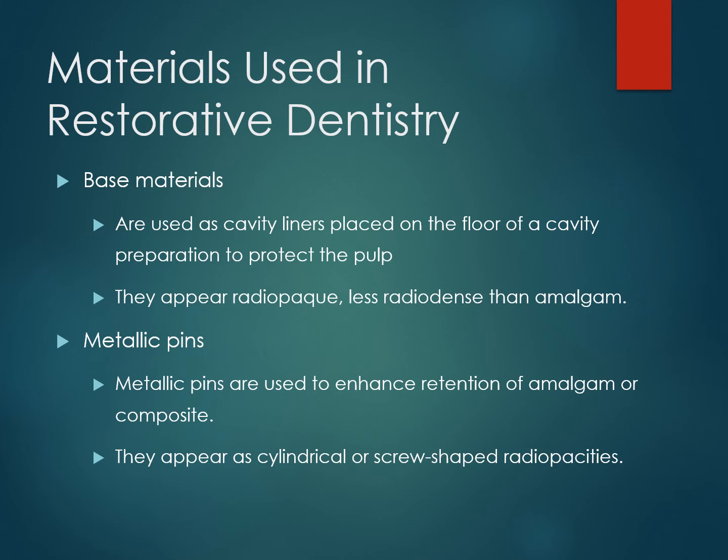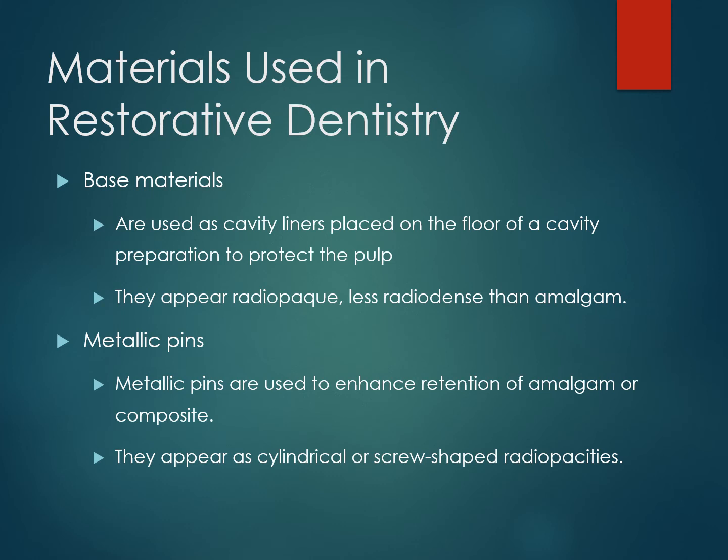But as far as the radiograph goes, we need to know that sometimes there are base materials placed underneath fillings, and there's always a base material placed underneath the crown. So when we see a little bit of a difference between the crown or the filling and the tooth, we understand it's a base material.